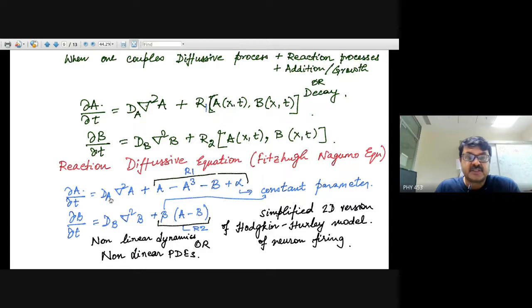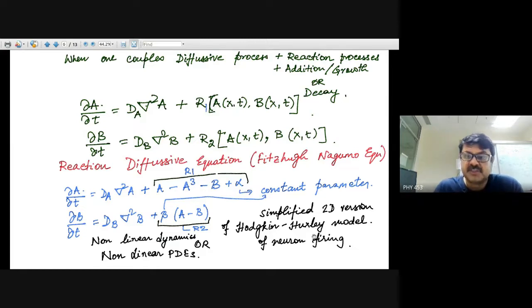This is the diffusion constant for species A. This is the diffusion constant for species B. And del B del T depends upon some constant parameter, some value of, and the difference between A and B. Okay, so if you didn't have these two terms, it's called the FitzHugh-Nagumo equation, and it was basically a simplified 2D version of the Hodgkin-Huxley model, which is used to model neuron firing.